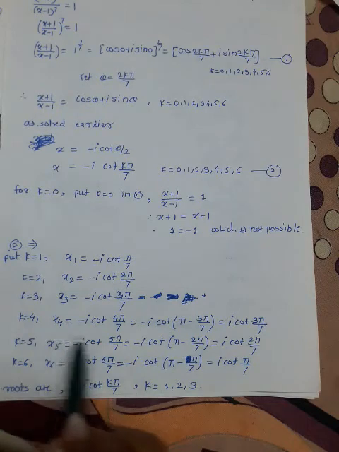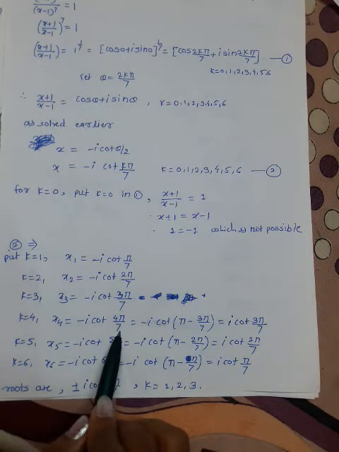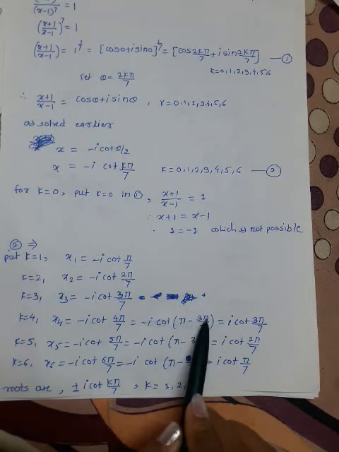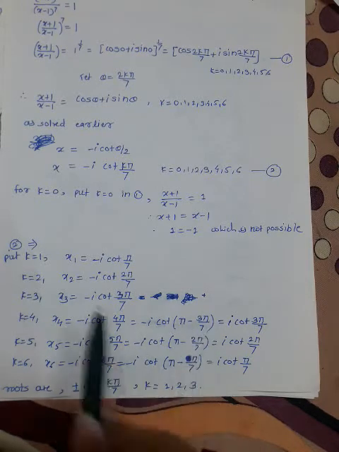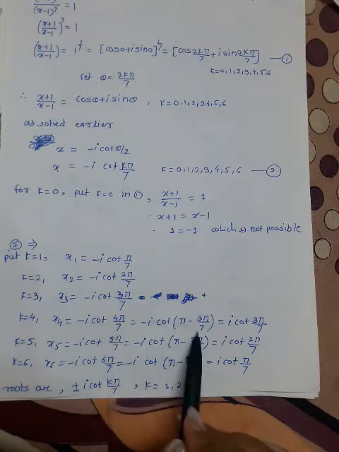Now put k is equal to 4, we get x4 is equal to minus i cot 4 pi by 7. Now this 4 pi by 7 we can write as pi minus 3 pi by 7. This angle is related to the above angle 3 pi by 7. Cross multiply and we get the same angle, 7 pi minus 3 pi, that is 4 pi by 7.